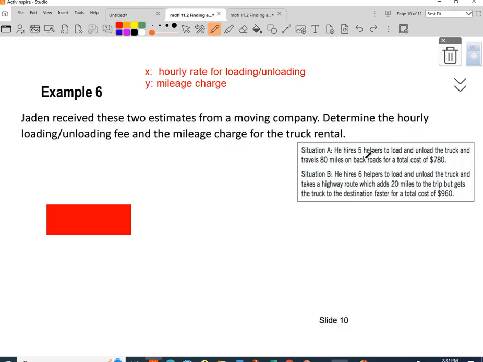Alright, so situation A, he needs 5 helpers to load and unload, right? So that's 5x. And he travels 80 miles on back roads, so that's 80y. And we know it equals $780. So that's our first equation. The second equation, he hires 6 helpers to load and unload, so that's 6x.